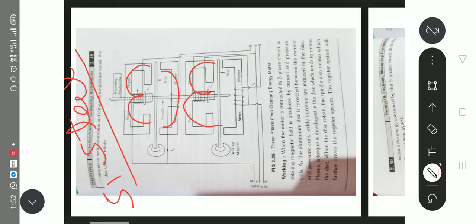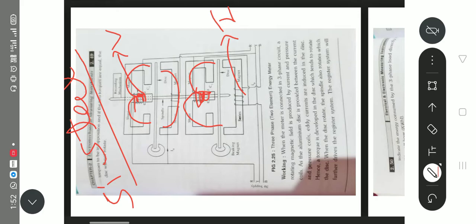Here the shunt magnets are connected to the pressure coils. This is the center limb connected to the pressure coil. The winding on the center limb is called the pressure coil or voltage coil. The pressure coil will generate voltage and the current coil will generate the current.